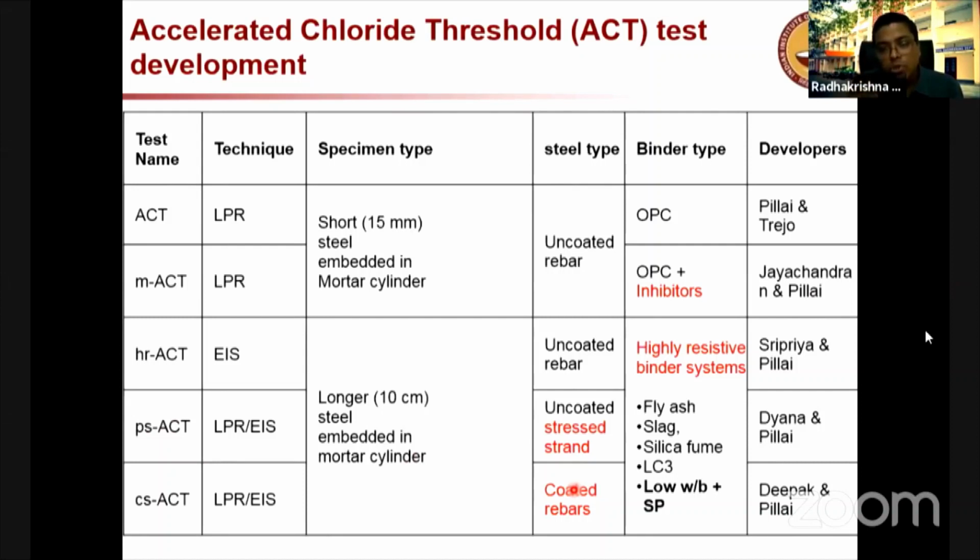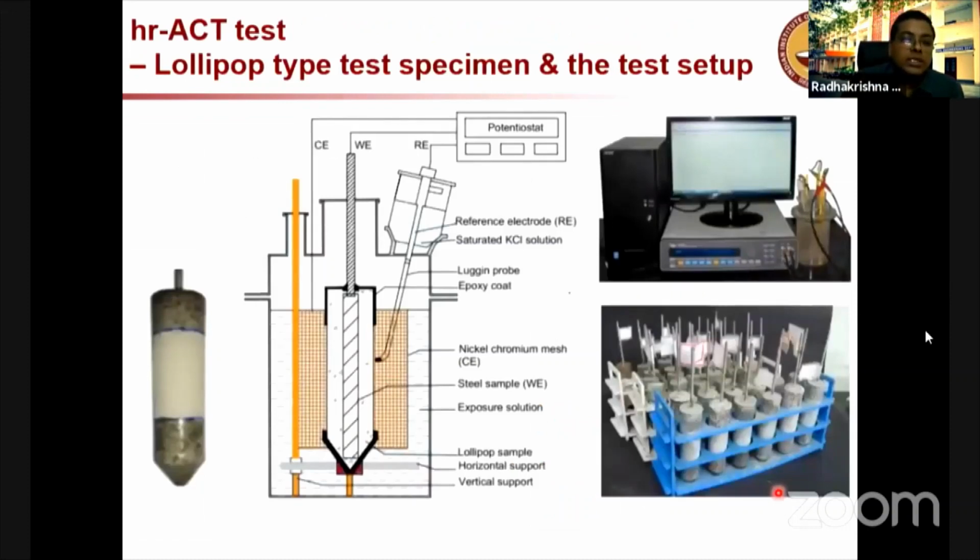I'm going to show you some results on chloride threshold from these tests, especially the HRACT test, or highly resistive ACT test, for highly resistive systems. PS stands for pre-stressing, and CS stands for coated steel. This is mainly work from my master's students, then my first PhD student Jay Chandran, Sri Priya, and then Diana and Deepak.